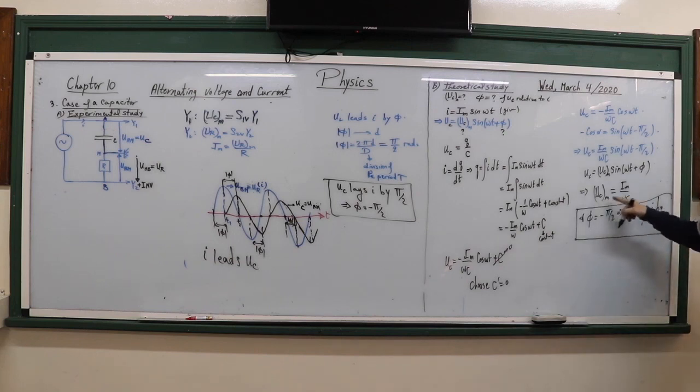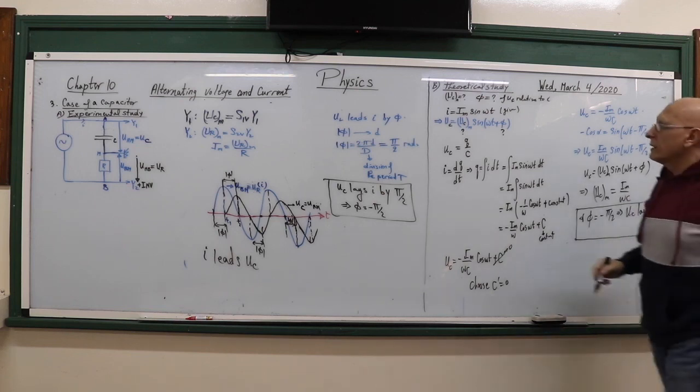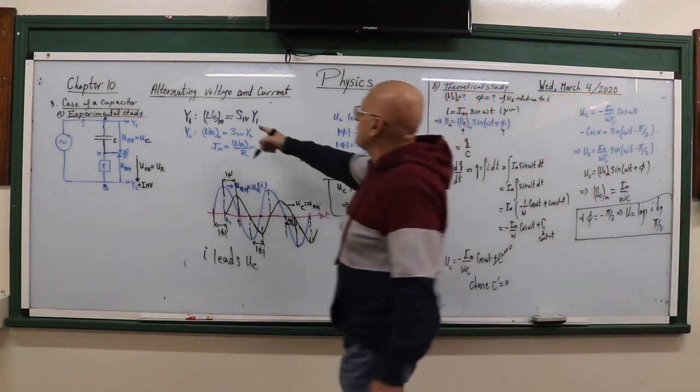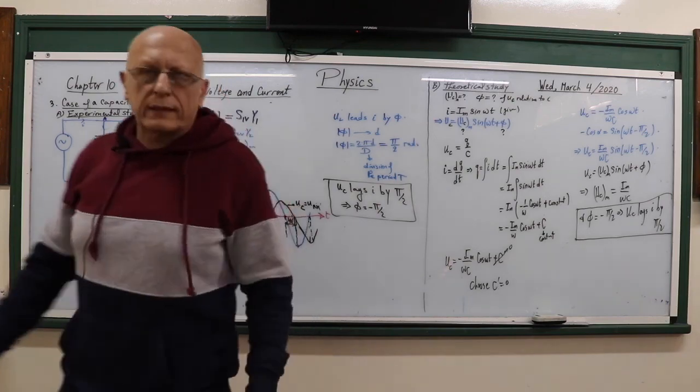And also here, if you calculate UC maximum as Im over omega C, it will be equal to UC maximum calculated experimentally.